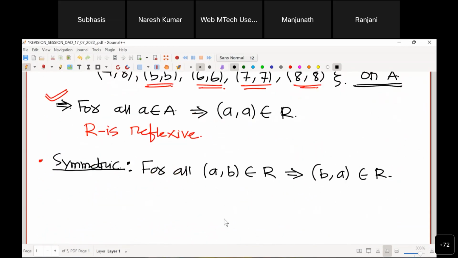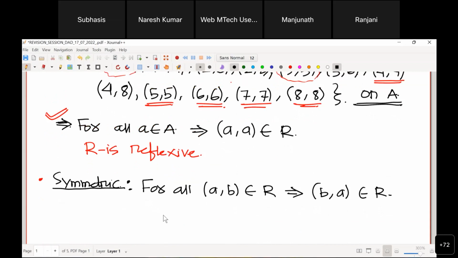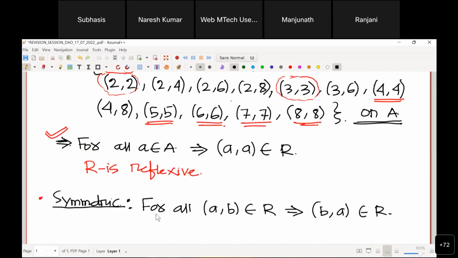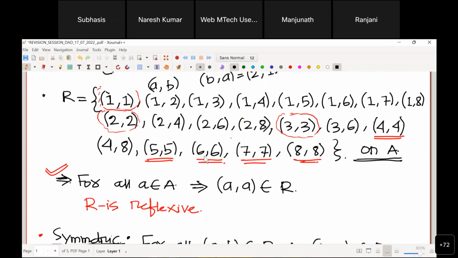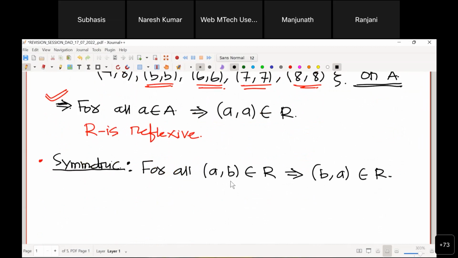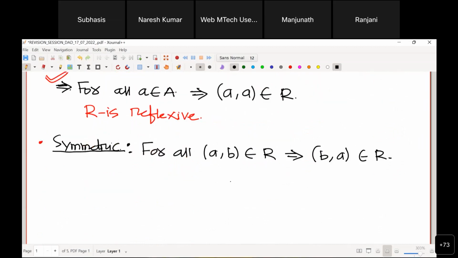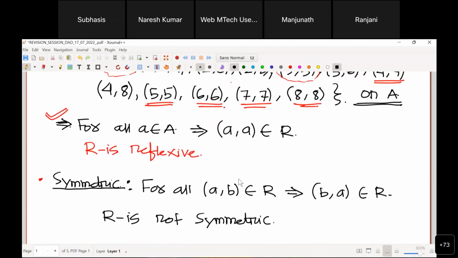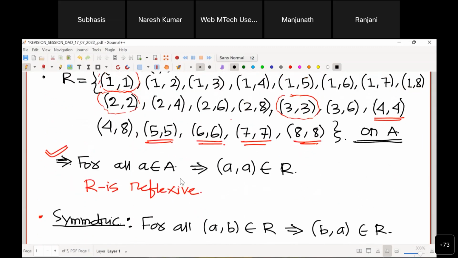But to say that this relation is symmetric, I have to make sure that this condition holds for all the elements of R. Since for one element it doesn't hold, this relation R is not symmetric. Is it clear why this relation is not symmetric?